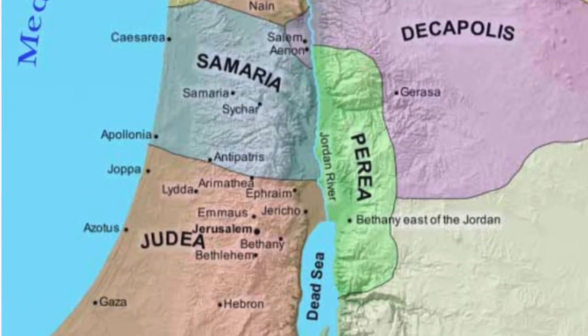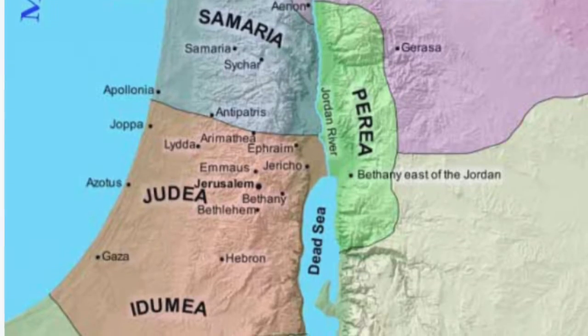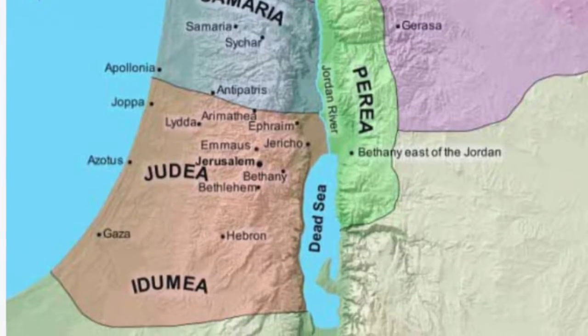And in the south was Judea, a heavily Jewish majority and with rigid Jewish customs and practices. Most of Jesus' ministry was spent in rugged Galilee. He visited such cities as Nazareth, Cana, and Capernaum. In Judea, Jesus confined his ministry basically to Jerusalem and such outlying villages such as Bethany and Emmaus.